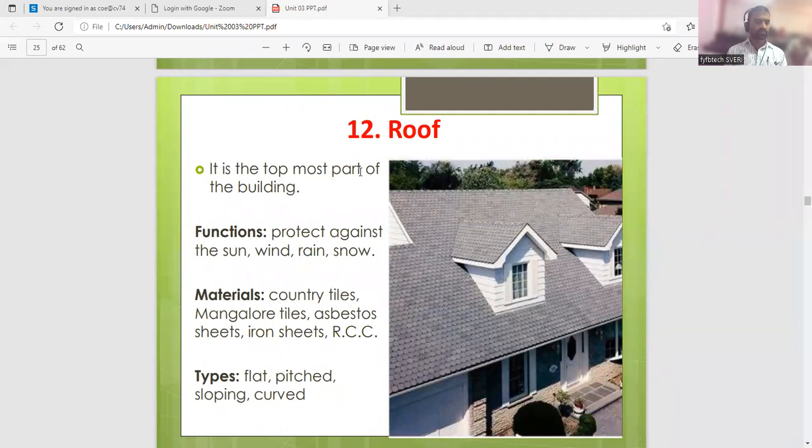Then types: flat, pitched, sloping, curved.